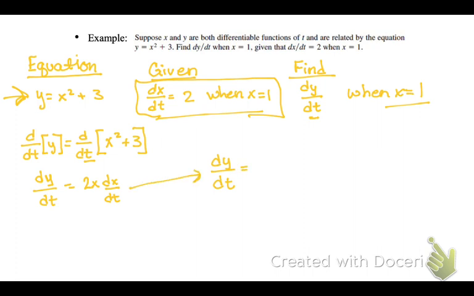So 2 times x, what's x? 1 times dx dt. What is dx dt? Say it. 2. So dy dt is 4.